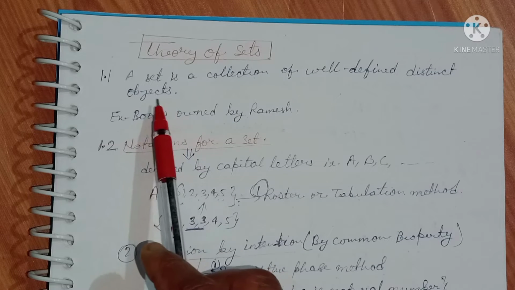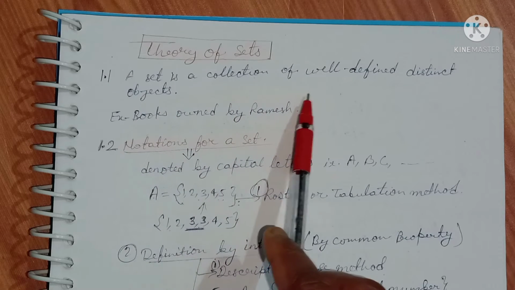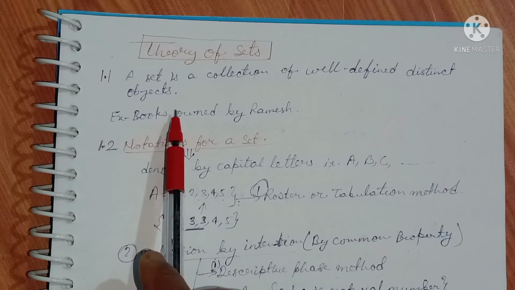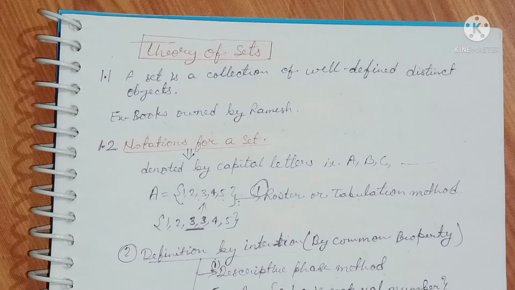A set is a collection of well-defined distinct objects. If we have many objects, and that collection of objects is well defined, meaning we know exactly how many objects there are, then that collection can be termed a set.